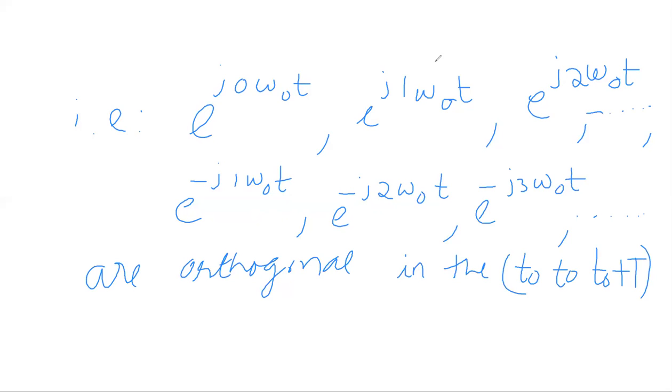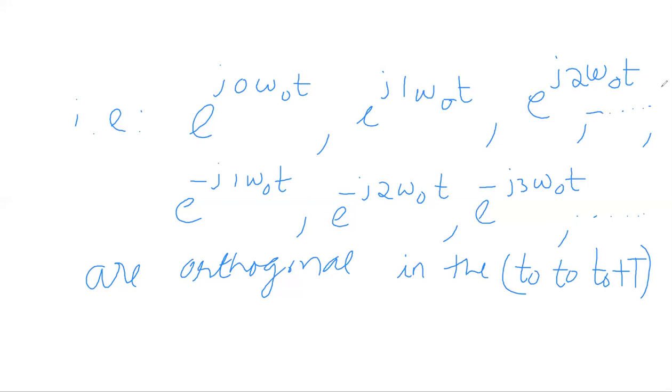So by knowing this fact, we can say that any periodic signal x of t in the given interval t0 to t0 plus T can be represented using these mutually orthogonal complex exponential signals.